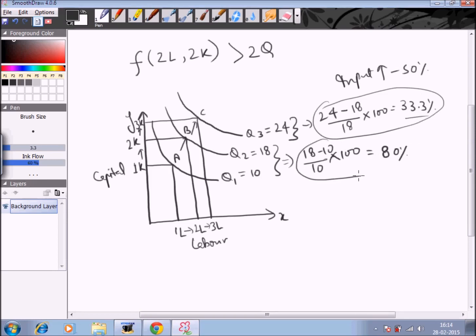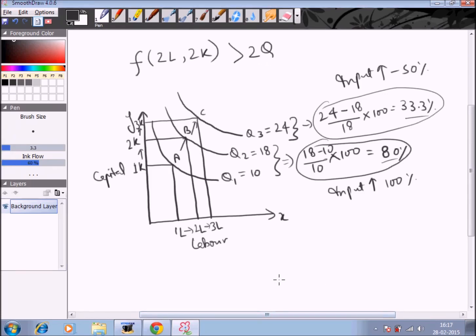And in this particular case, the input increases by 100%, but the output increases only by 80%. So we can see here that this particular situation exhibits the law of decreasing returns to scale. That is where the output does not increase proportionately to the increase in the inputs used.